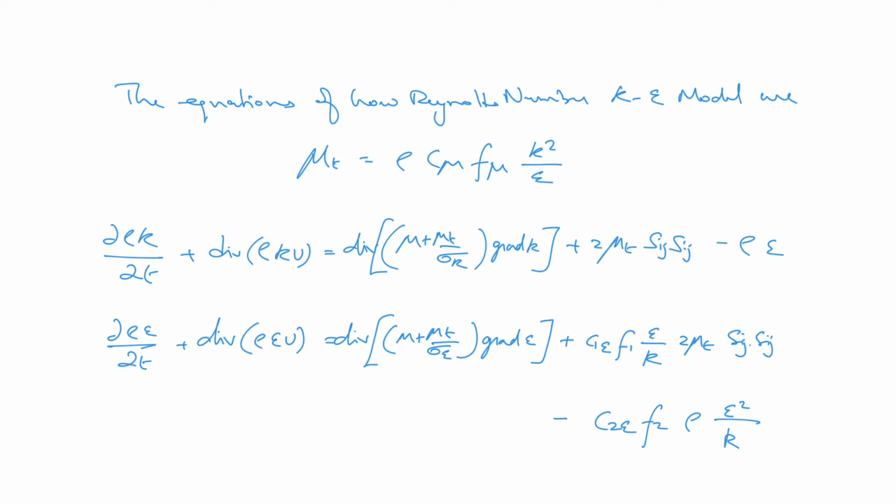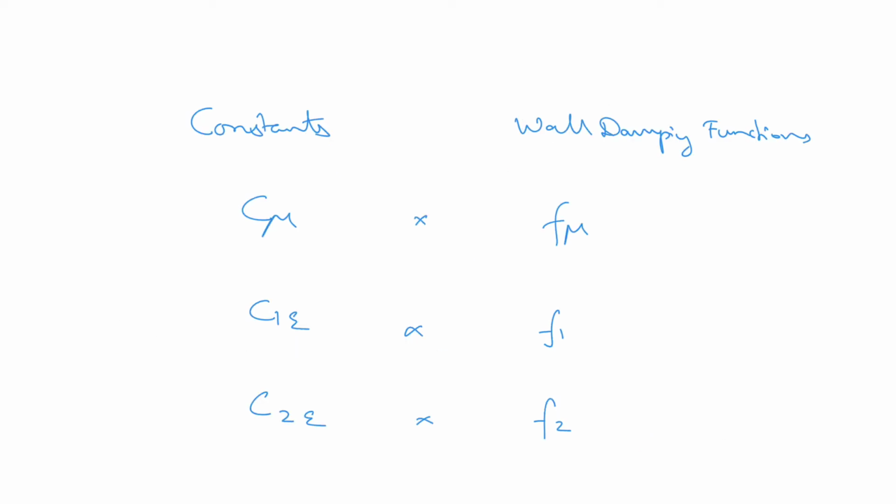Also you might find two terms F1 and F2 in the epsilon equation. So we need to define these functions F mu, F1 and F2. So these are the wall damping functions which are multiplied with C mu, C1 epsilon and C2 epsilon. So these are the constants, and these are the wall damping functions. We need to find what these wall damping functions are.